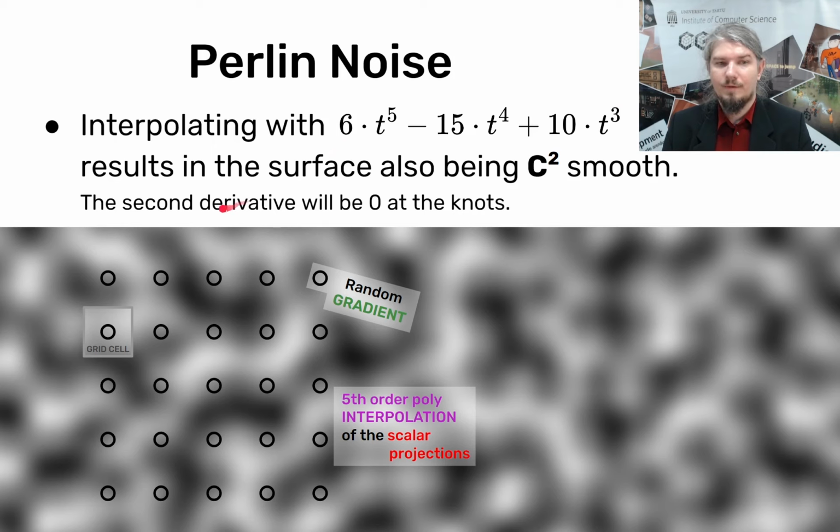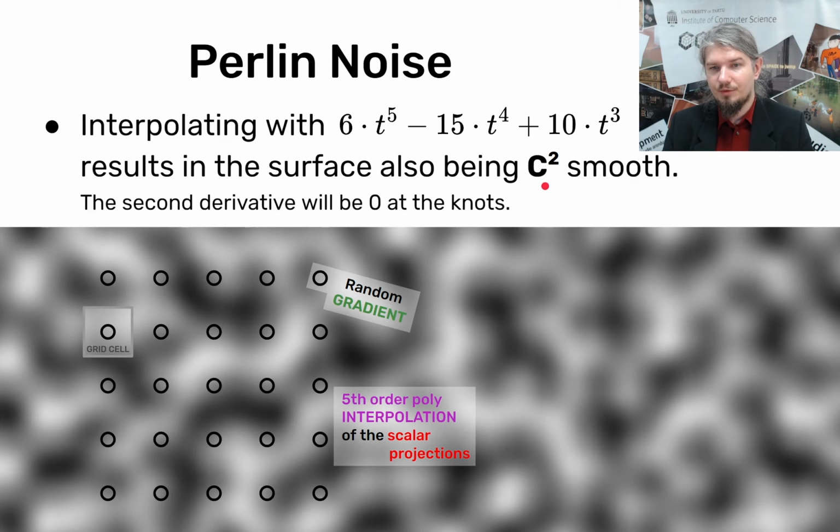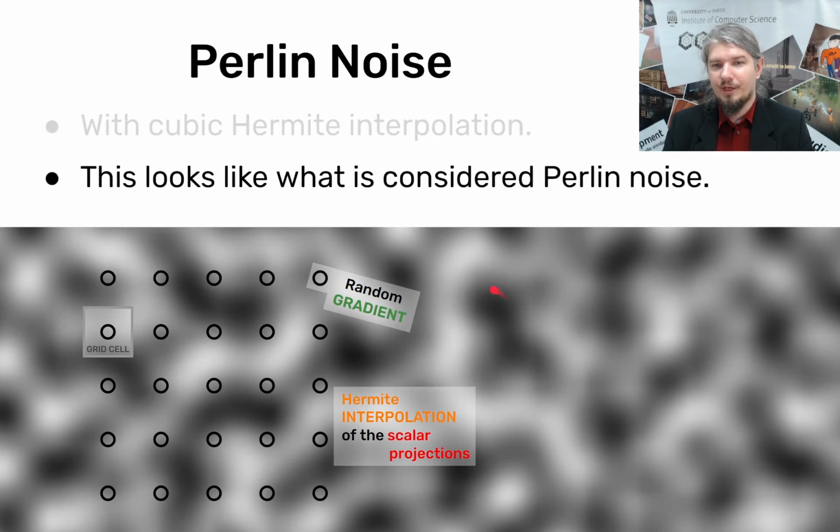If you do that, you will find out that the second derivative will always be 0 at the knots. Thus the value at the end of the previous segment and the beginning of the current segment will be the same, resulting in a C2 smooth surface. It may depend on your use case if you actually want this C2 smooth surface and use this higher order polynomial and do more calculations, or if you're happy with the Hermite interpolation and this kind of noise.